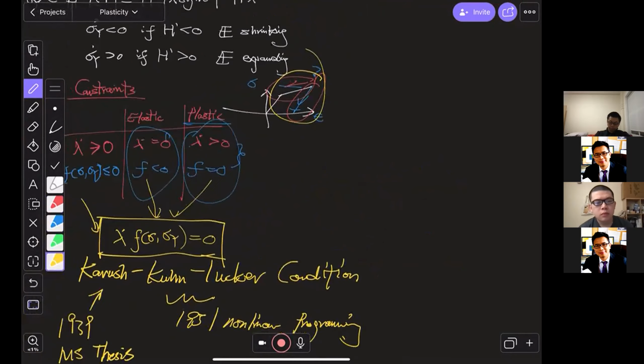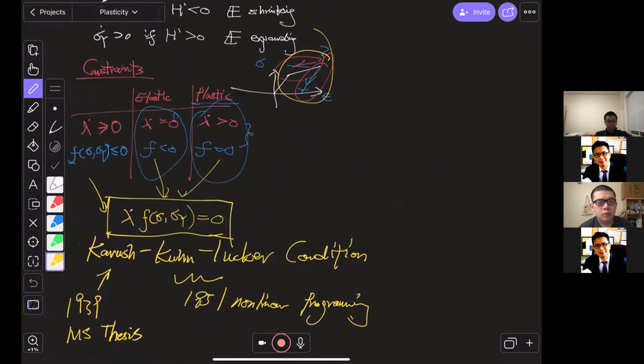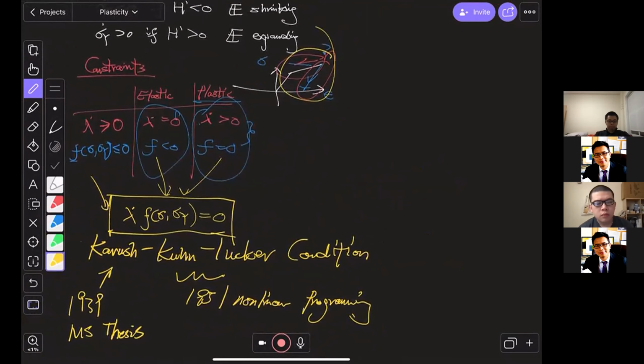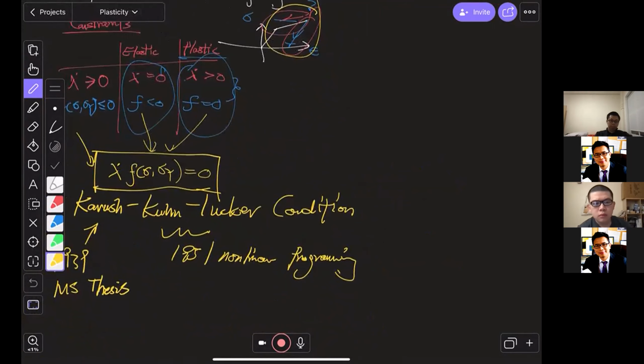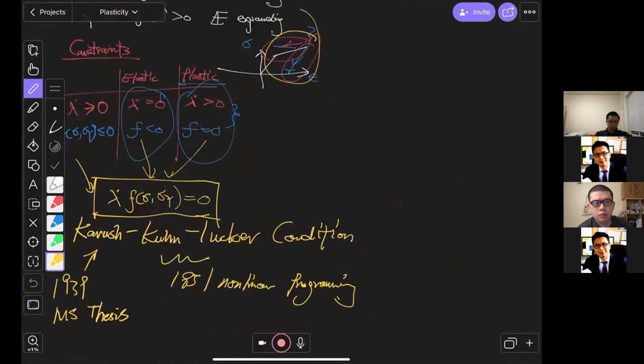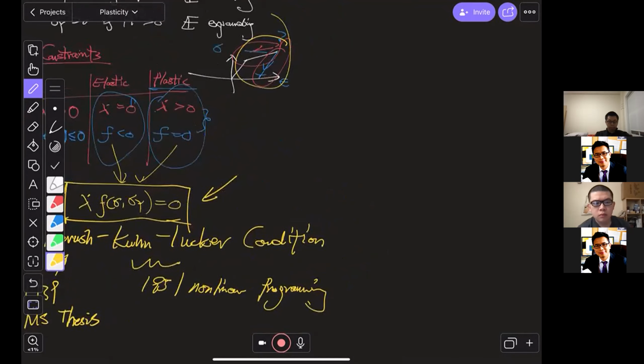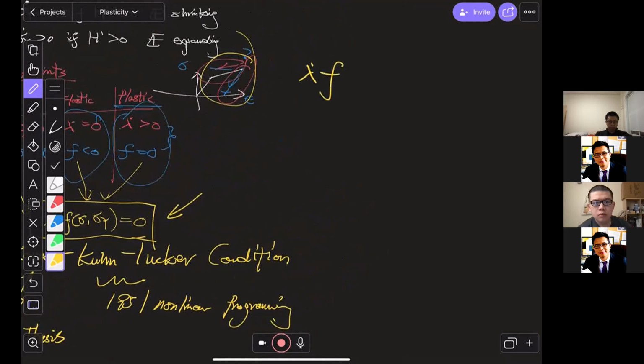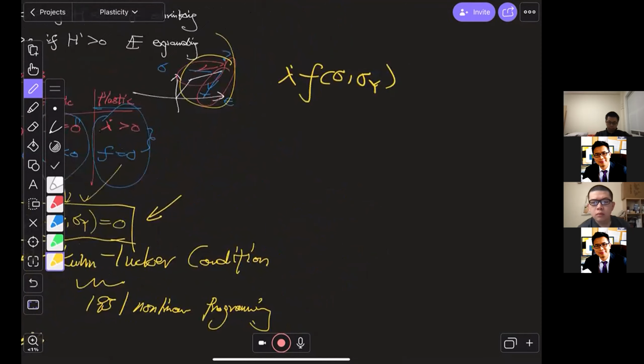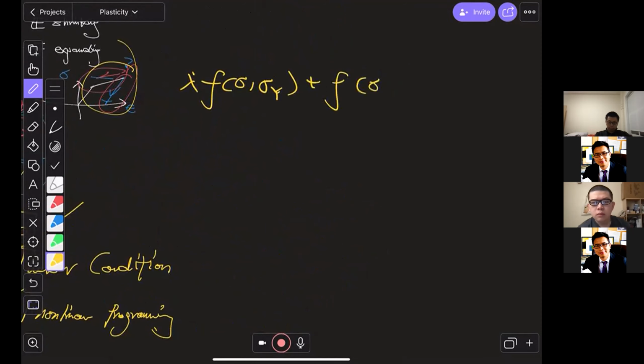Now the last thing is the consistency equation. If I write the consistency equation and take the time derivative of this, what will happen? I will have lambda dot times F of stress plus F times sigma y times lambda dot. I will take another derivative equal to 0.